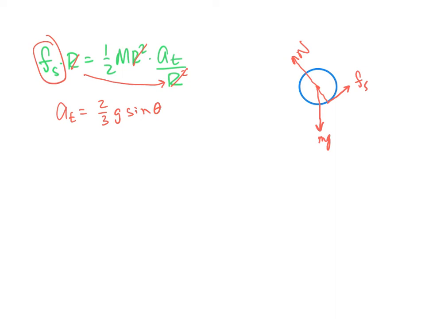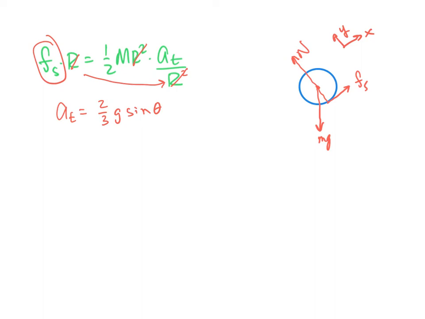But I'm going to go back to my original force diagram, and in the x direction, I still have my skills from back in unit 5 or 6, where I know when something's on a ramp, I can sum the forces down the ramp in the x direction.